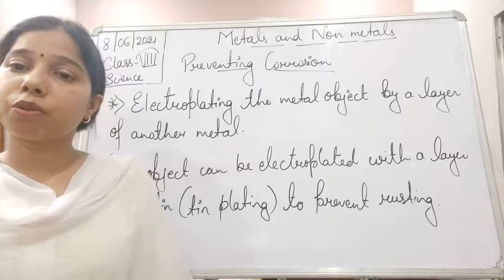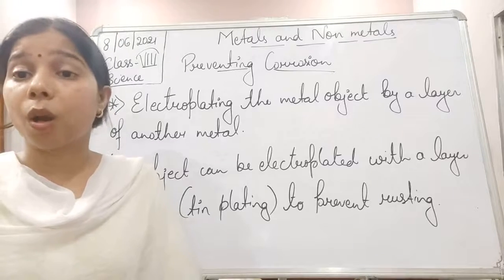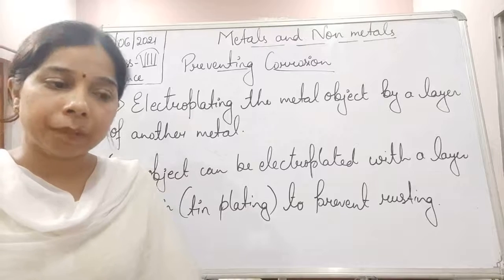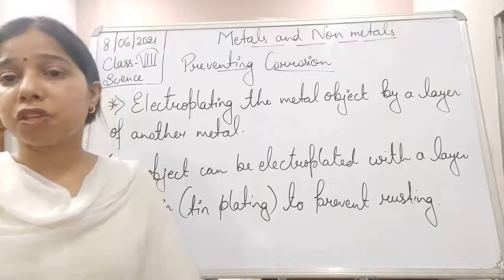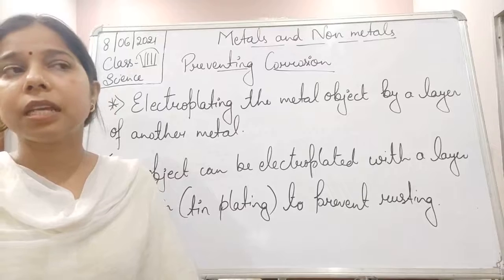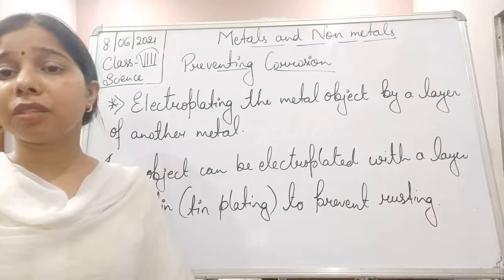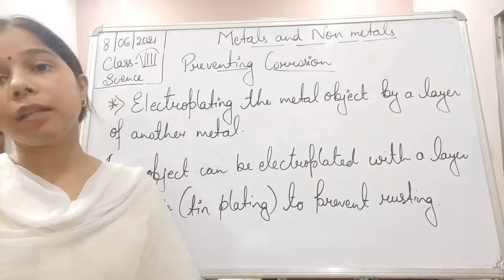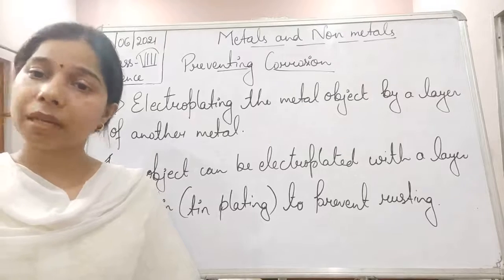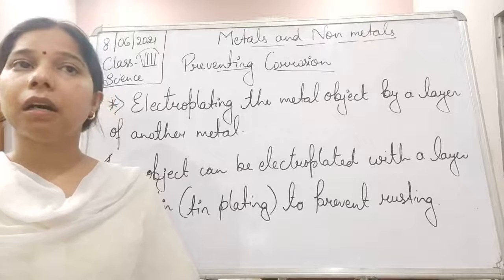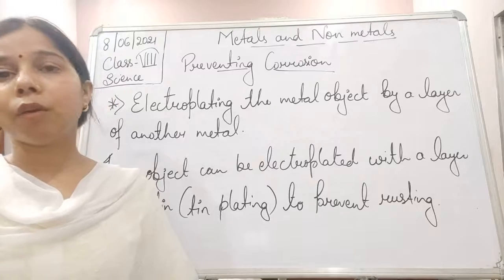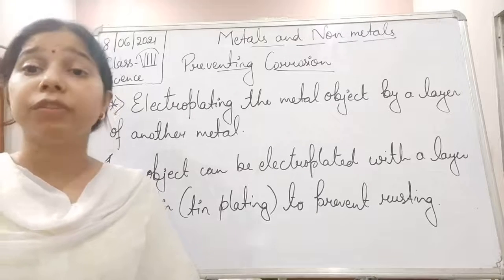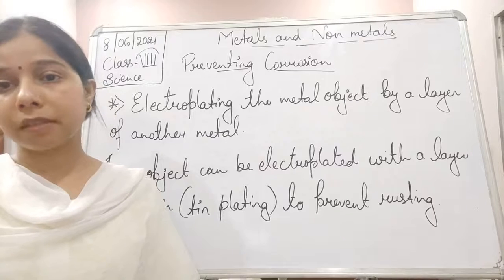In other cases also, students, if we take an example of an alloy, or the galvanization process or electroplating process, in all of them we are covering that particular metal with another metal. So ultimately we are covering the layer of the metal with another metal which is corrosion resistant.